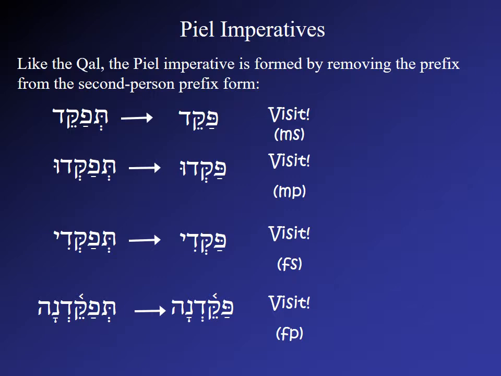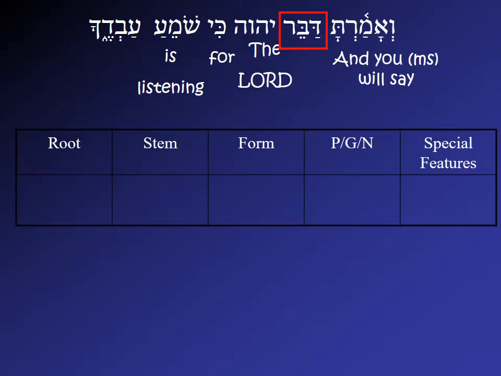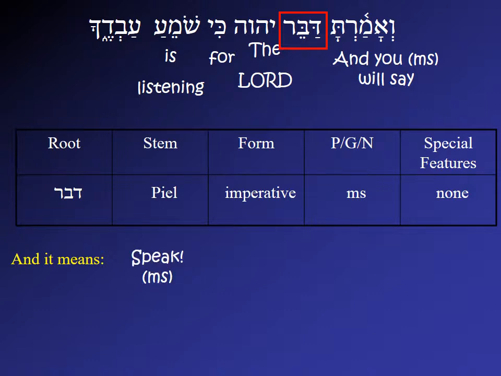Visit, you feminine plural entities. Okay, so now we are able to parse this form, daber. This is simply davar, Piel, imperative, masculine singular, no special features. And it means speak, masculine singular.